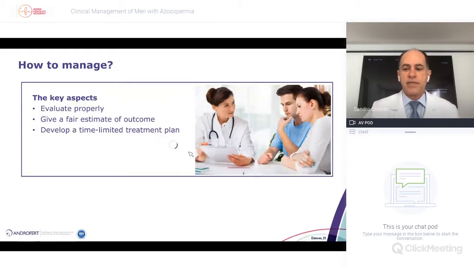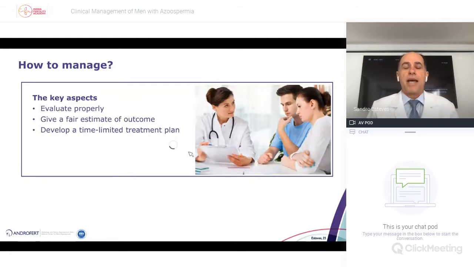So with medical history, physical examination, and endocrine profile, you'll be able to identify most patients with non-obstructive azoospermia due to spermatogenic failure. Next step is going to be counseling these patients regarding chances of finding sperm for ICSI.